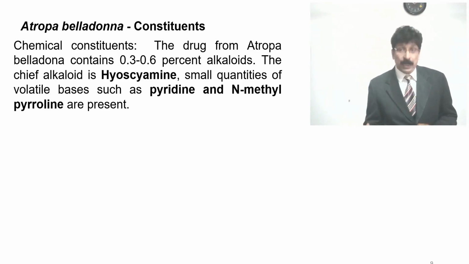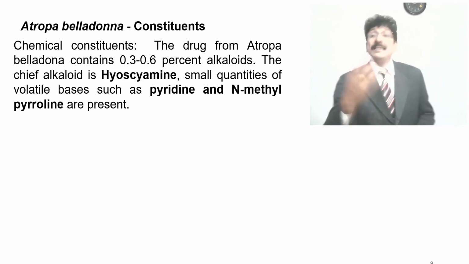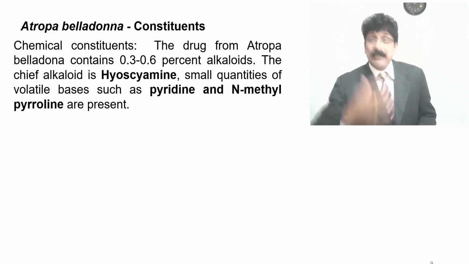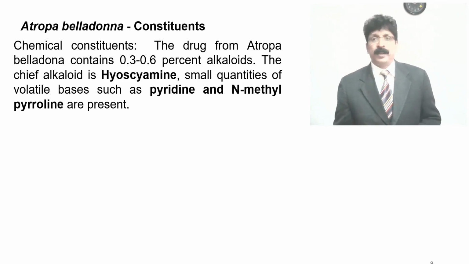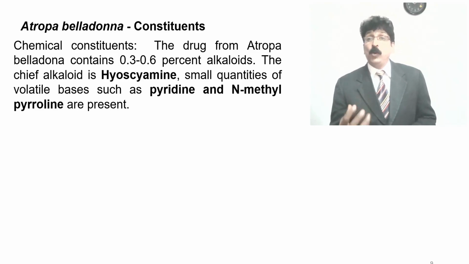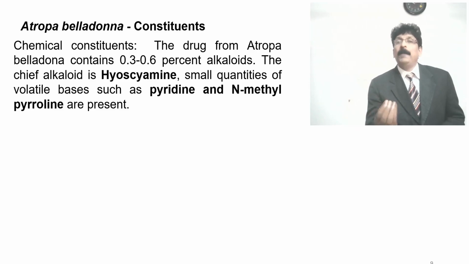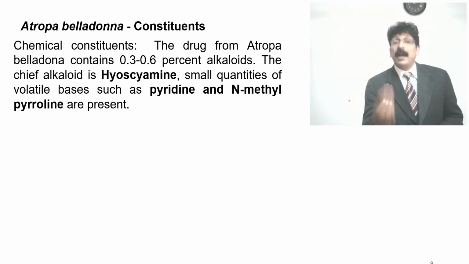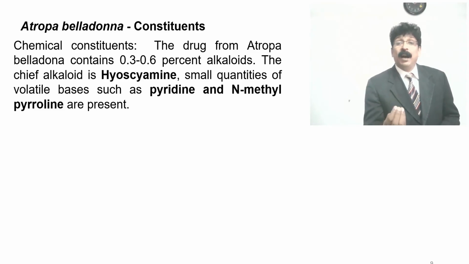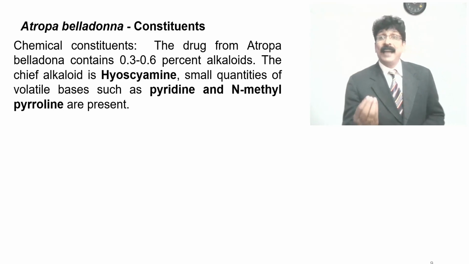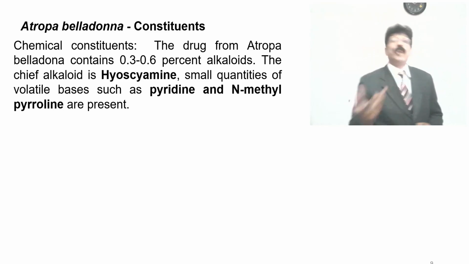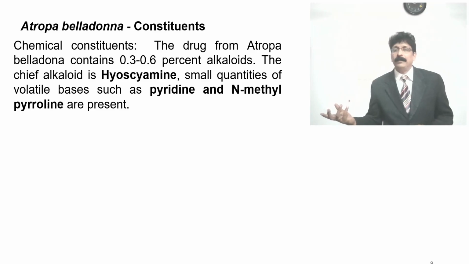You know that a 6-membered ring and a 5-membered ring are present in tropane alkaloids, in atropine and hyoscyamine also. They are always formed as synthetic molecules from precursors, smaller base starting materials: a pyridine 6-member ring structure and an N-methyl pyrrolidine 5-member ring structure, joined together, giving the tropane alkaloid.